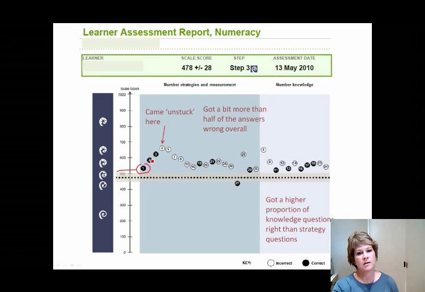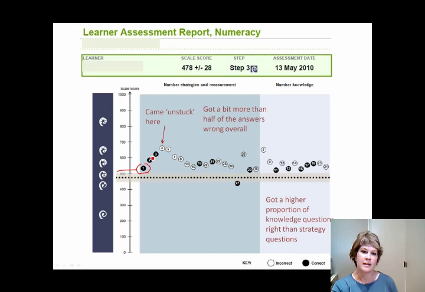So the next question was pegged at a little bit higher level. They got that one right, and so the tool will say, oh, that's good, we'll ask a little bit harder question. And then you see when they came unstuck at question 4, that was a bit higher level again. And so then the tool said, oh, we've hit the ceiling here. The next question will be a little bit easier. Okay, and so that's the adaptive nature of this assessment.